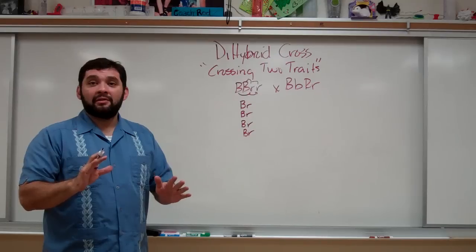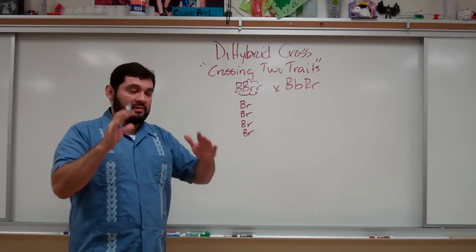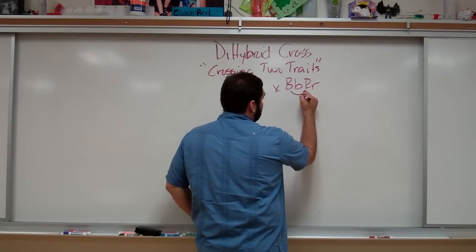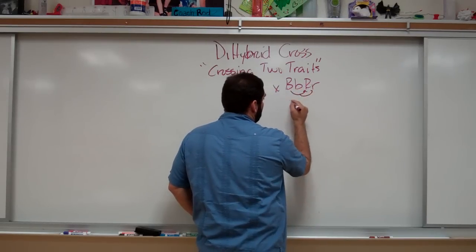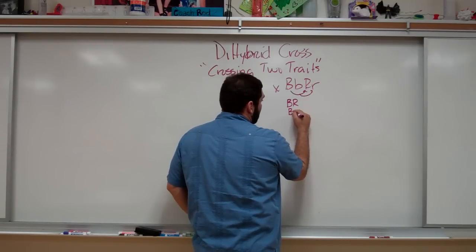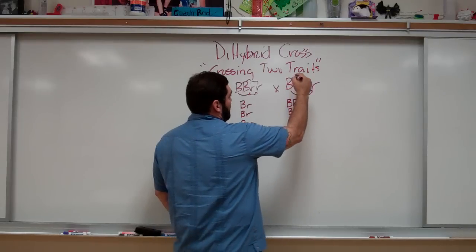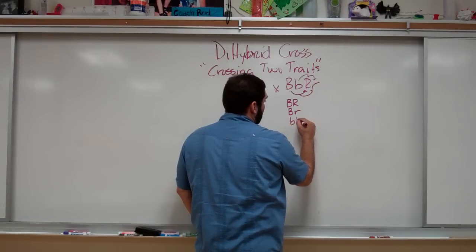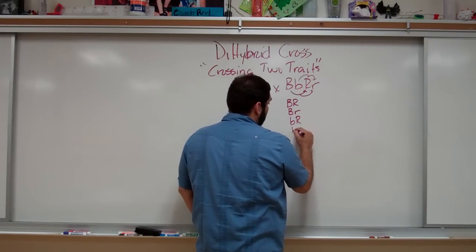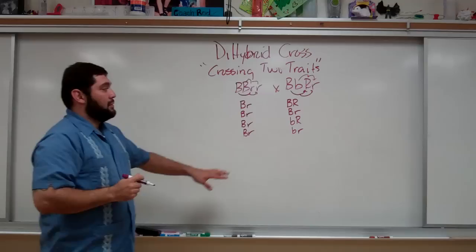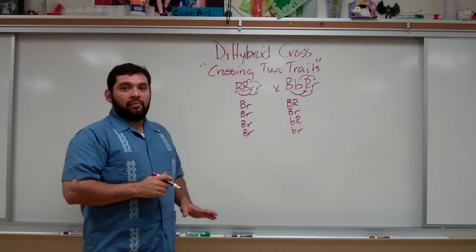I know it's confusing. Just watch. Cross this one and this one: big B, big R, big B, little r. Cross this first trait with this second trait: big B, big R, and then big B, little r. These are the things you're going to put into your box.